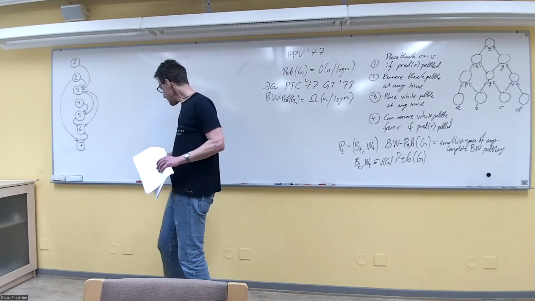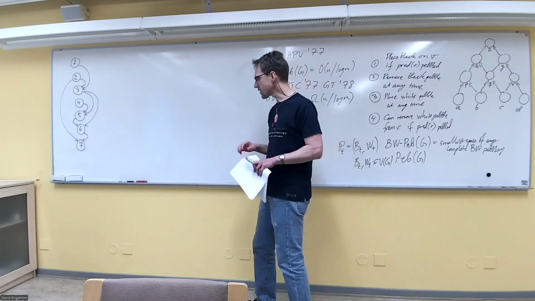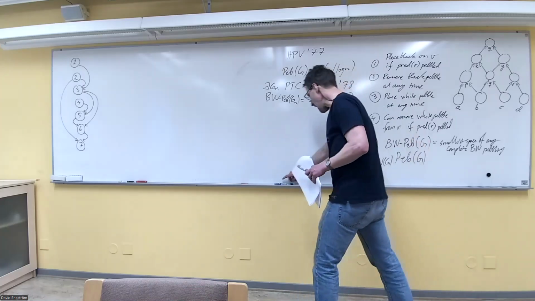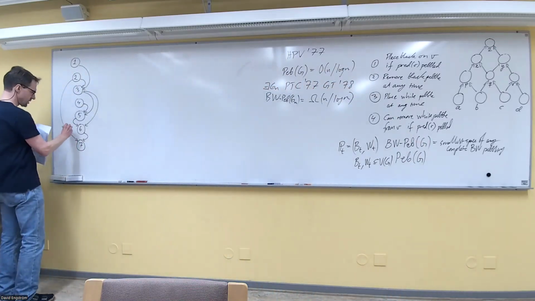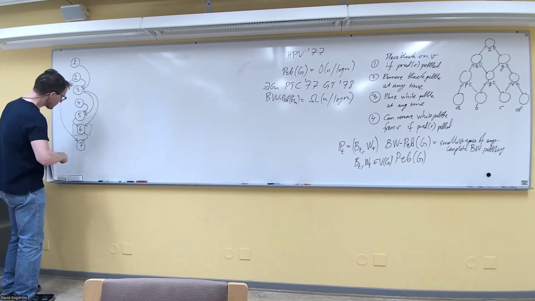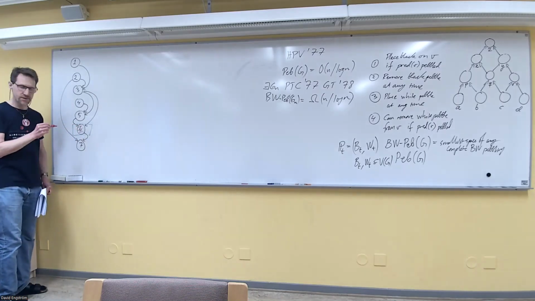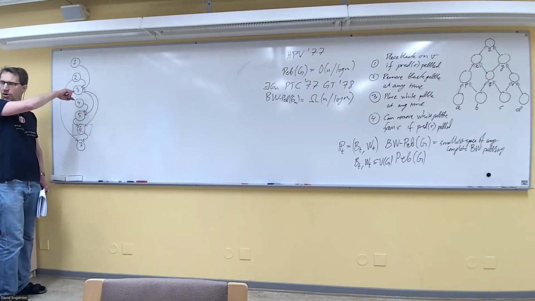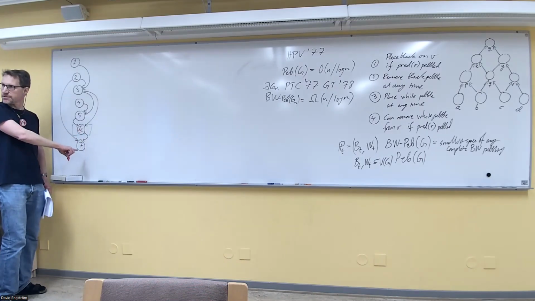So let me define the active clauses at a point in time. So the active clauses at time 6, okay, what are they? Well, the current clause is always active. And then any clause that is a premise for a derivation rule of this line or anything that comes later is also active, because I need to keep it.